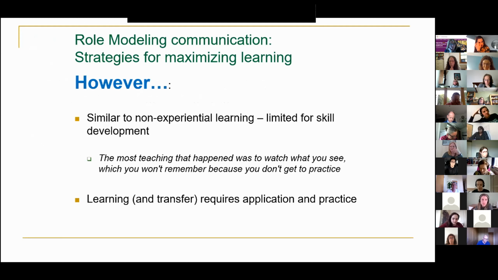And I'm putting a few quotes in here from students as we go along. So this one said, the most teaching that happened was to watch what you see, which you won't remember because you didn't get to practice. So what we know is, for it to actually change learners' communication skills, they need to practice what they're seeing instead of just seeing it and trying to remember.